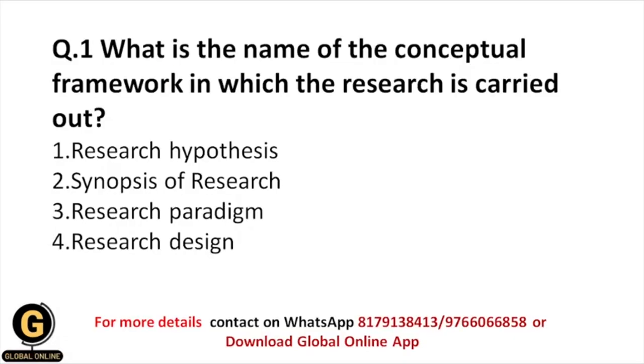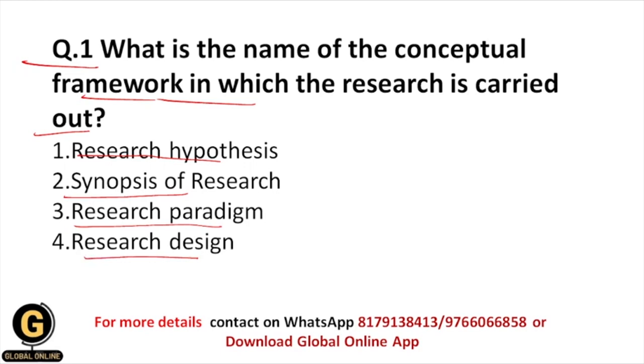Let's start today's session. Now, question 1 is: what is the name of the conceptual framework in which the research is carried out? Through that conceptual framework, basically the research is carried out. So whether it is research hypothesis, or synopsis of research, or research paradigm, or research design.